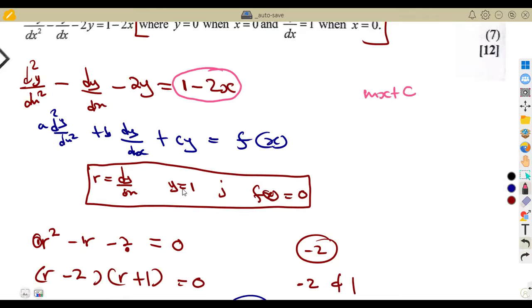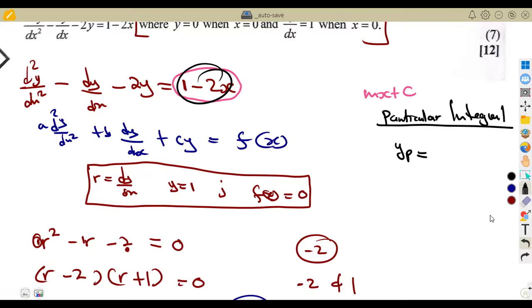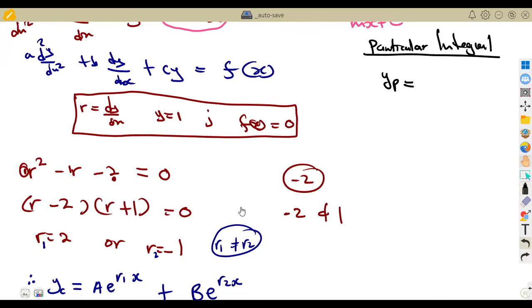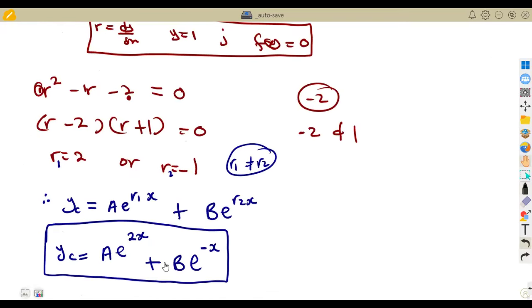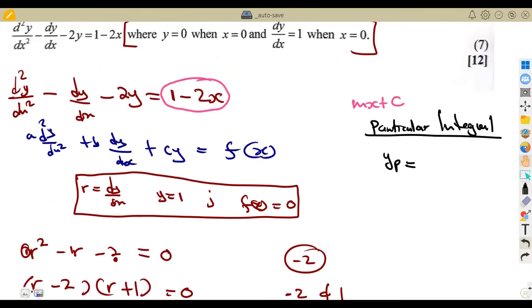So YP, the particular integral in this case, is going to be taken from the linear expression. Since we are supposed to have mx plus c, we are supposed to use letters as constants. We have already used A and B, so we are going to continue using C.